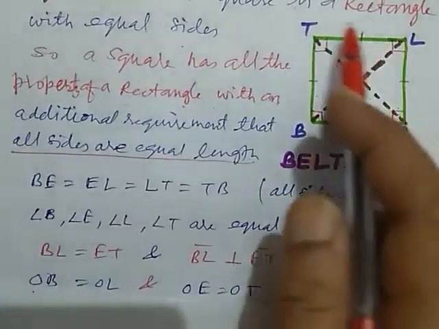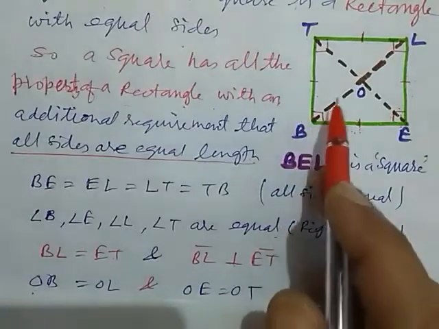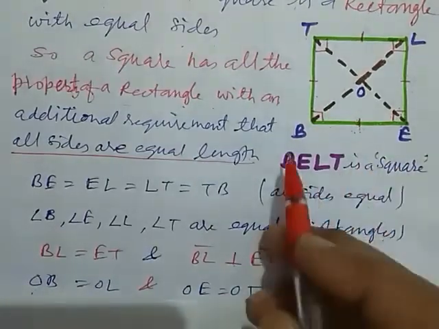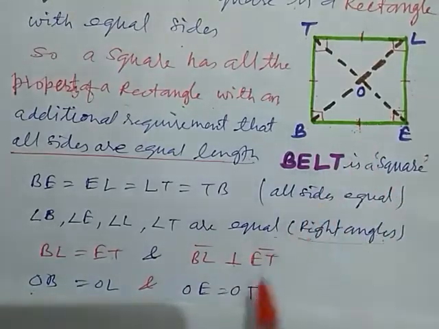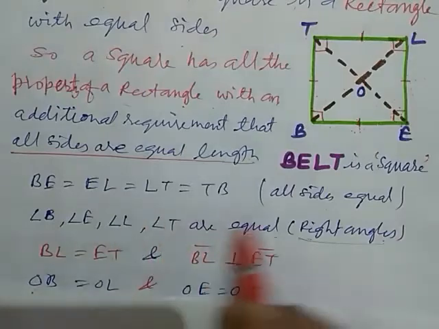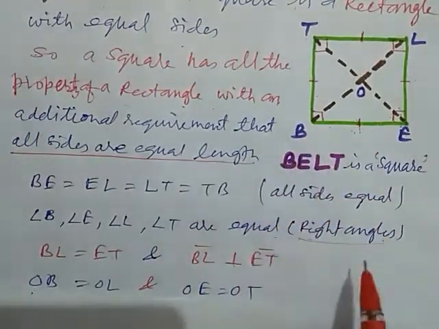Okay. With the help of these characteristics, we can say a square can be a parallelogram, a square can be a rectangle, a square can be a rhombus, a square can be a kite, a square can be a trapezium.